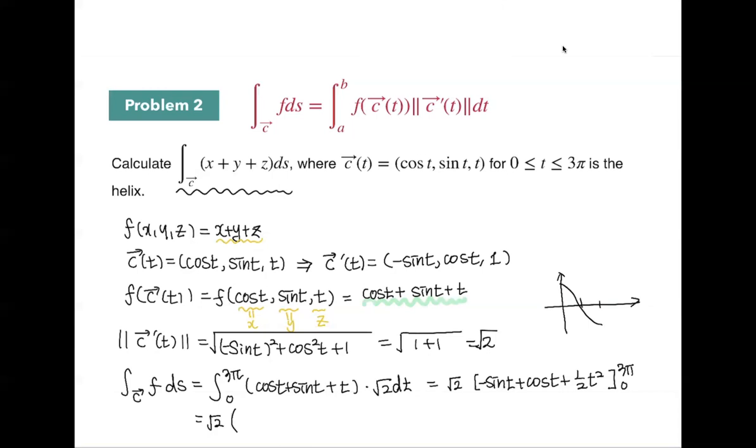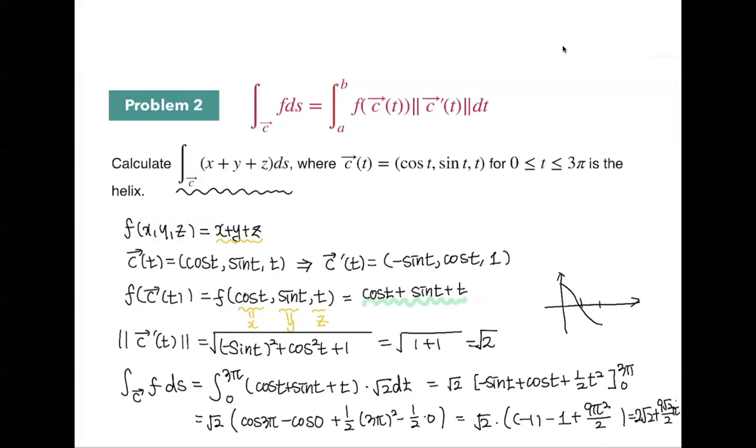So cosine 3 pi minus cosine 0, plus one half of 3 pi squared: root 2 times minus 1 minus 1 plus 9 pi squared over 2 minus 0. So it'll be minus 2 root 2 plus 9 root 2 over 2 pi squared.